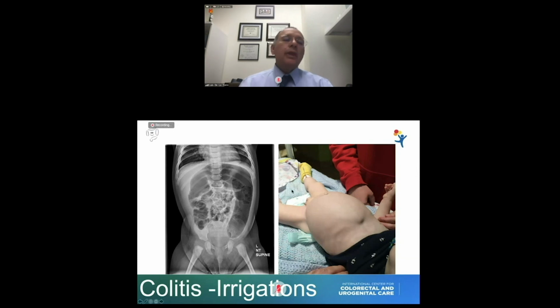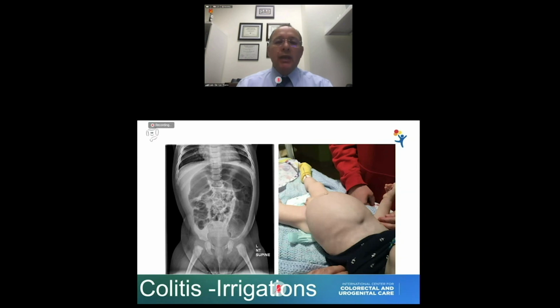So, as I told you, irrigations are the medical treatment for patients before the pull-through and now after the pull-through. So doctors that treat patients with Hirschsprung, nurses, and the parents should be experts at doing irrigations. This is the most important medical treatment before and after the pull-through.